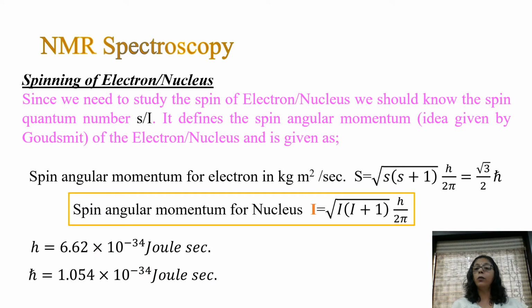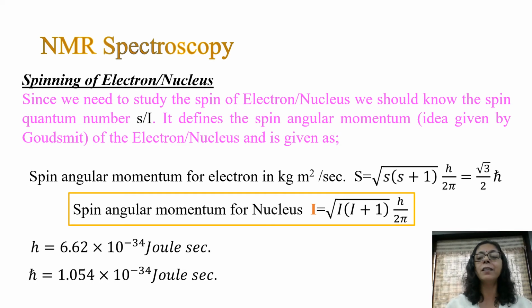Now as we all know, spin angular momentum is roughly just an analogy from classical mechanics where you have simply the angular momentum, linear momentum. When you talk about rotational, you have the angular momentum. And mind you, spin is a kind of factor which does not have an analogy in classical mechanics.